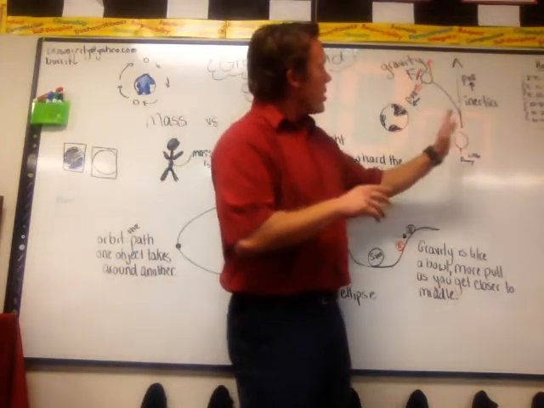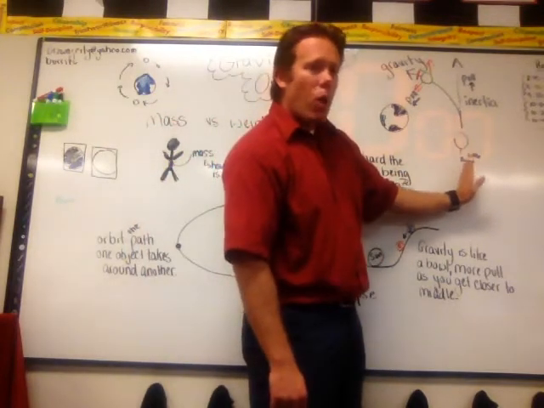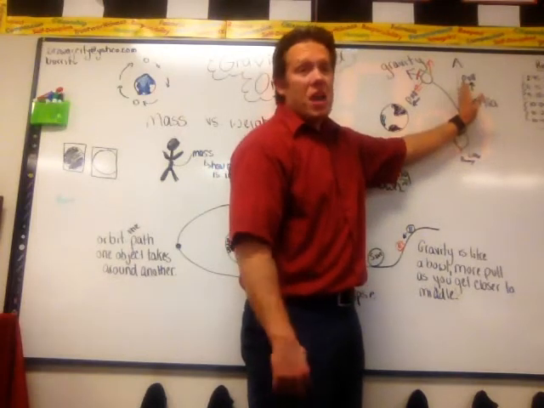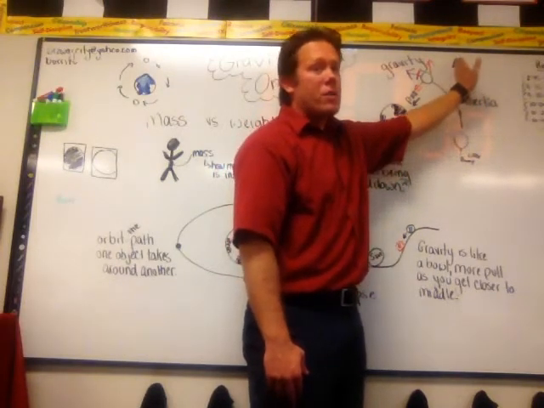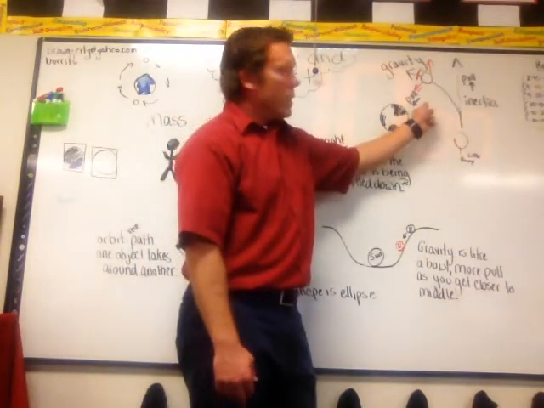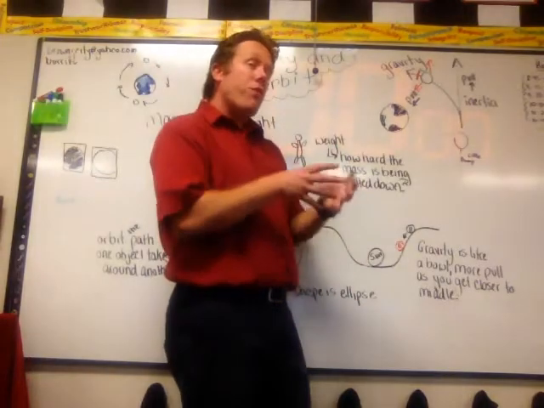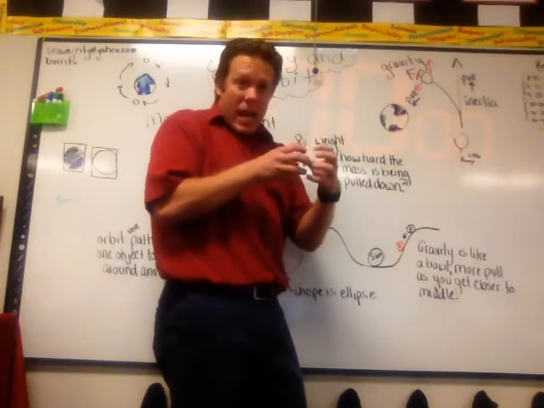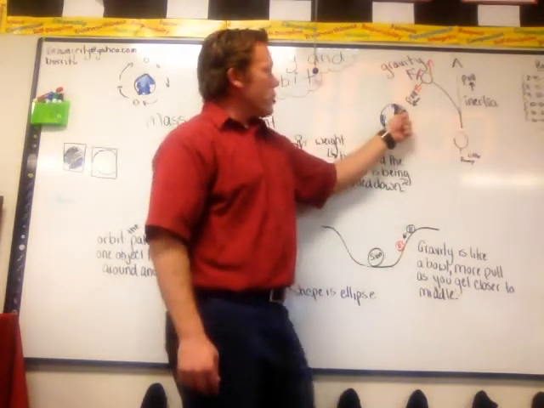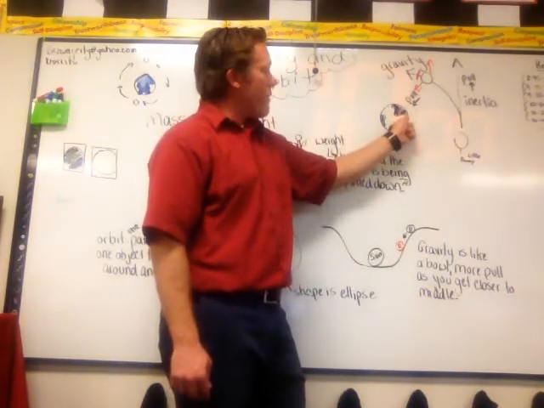So a planet wants to just keep going straight forever. If there was nothing pulling on it, it would just keep going straight. But there is something pulling on it. It's called gravity. Gravity is just the force by which two objects are attracted to one another. So the moon is attracted to the earth. That's called gravity.